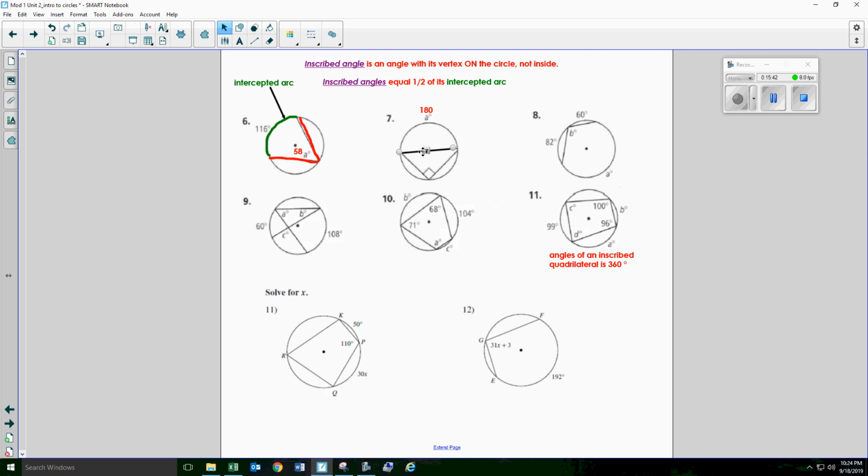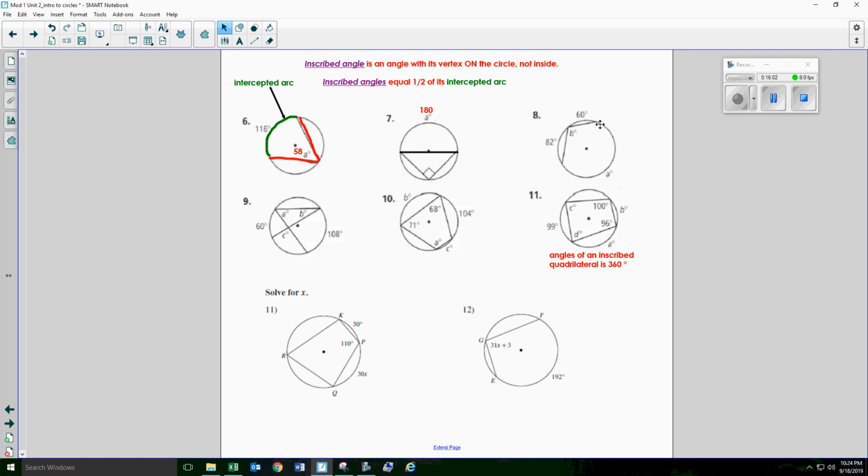Change it over to segment. There we go. Now I have it as a segment. So if I connect those two, since that's 180 degrees, we know it's going to go through the center of the circle. Okay, so that forms a semicircle.